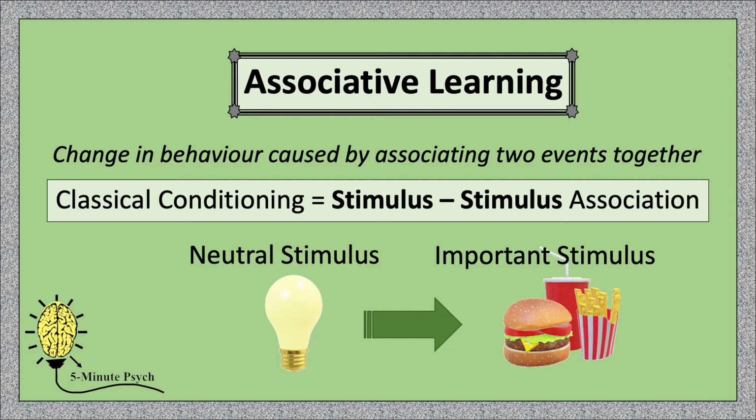When this happens, the light alone can act like the food, and this is highly adaptive because now you can get ready for the food ahead of time, and I don't mean setting the table. I mean, your digestive processes are already started when you know you're about to eat, and this allows more nutrients to be absorbed from the food.